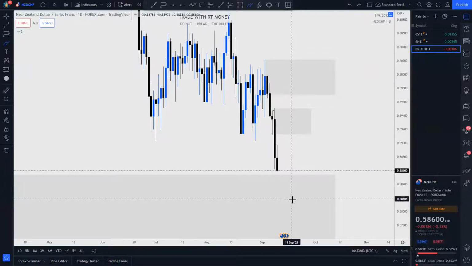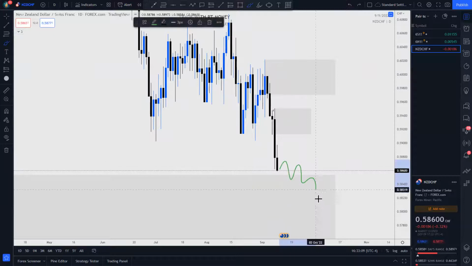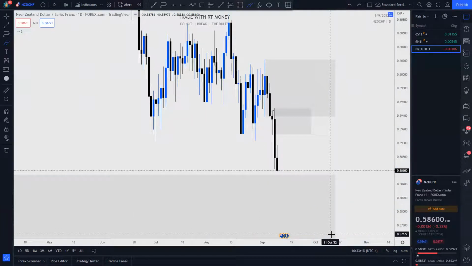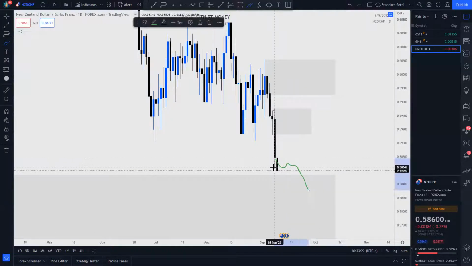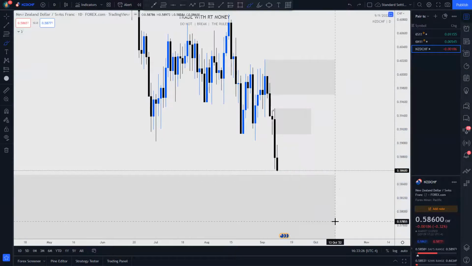And if the US dollar gets weakened by the numbers, expect the Swiss to accelerate its bullishness, and the Swiss franc will be the beneficiary of that. So I'm looking for price to open bearishly. If it pulls back, I'm looking for it to pull back here and then come down. Does that make sense? I hope so.